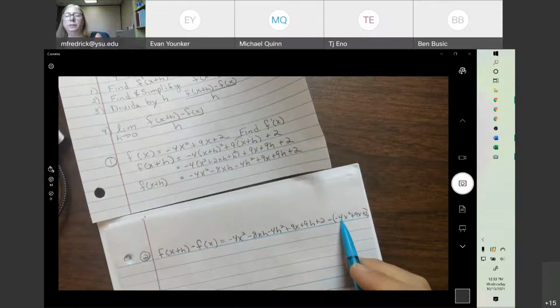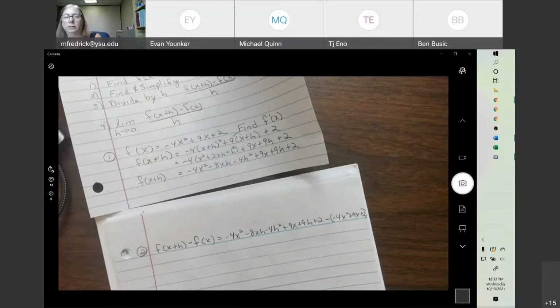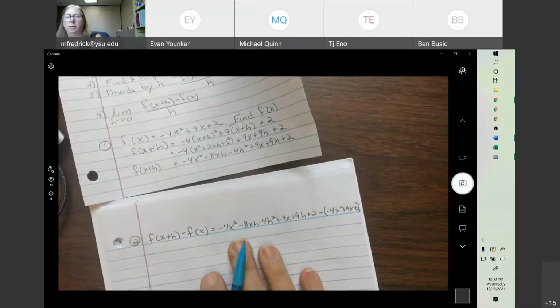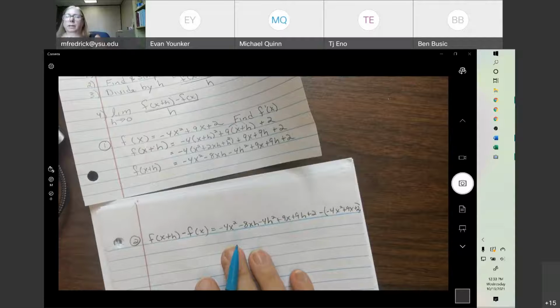So this was the original. Any questions so far? That's why I made you do this problem. I think it was on the take-home part of the exam.